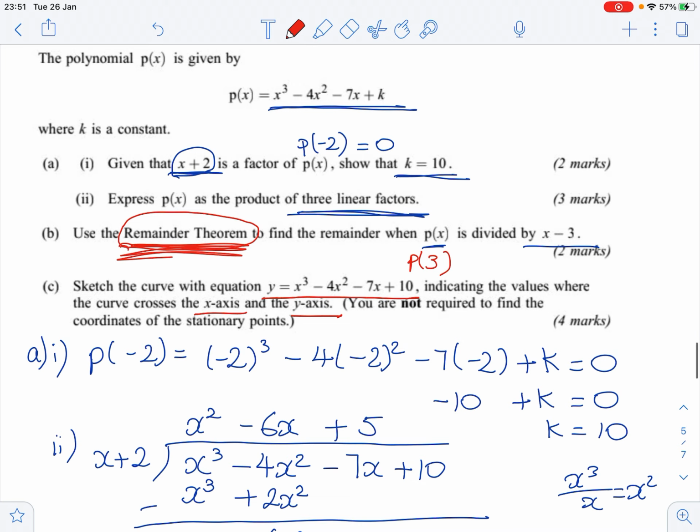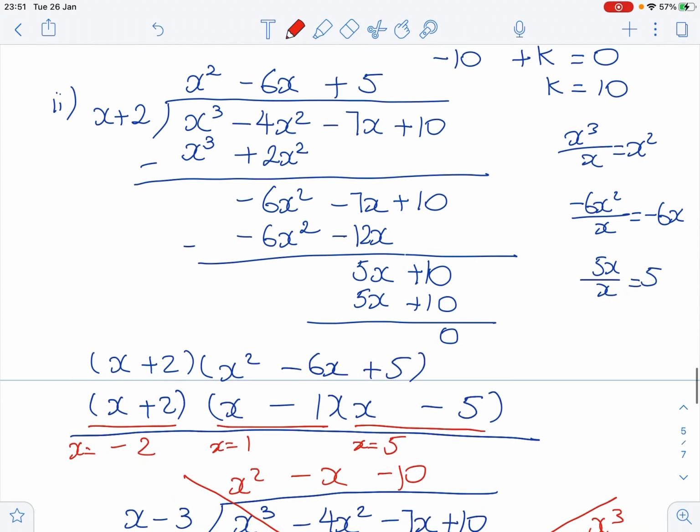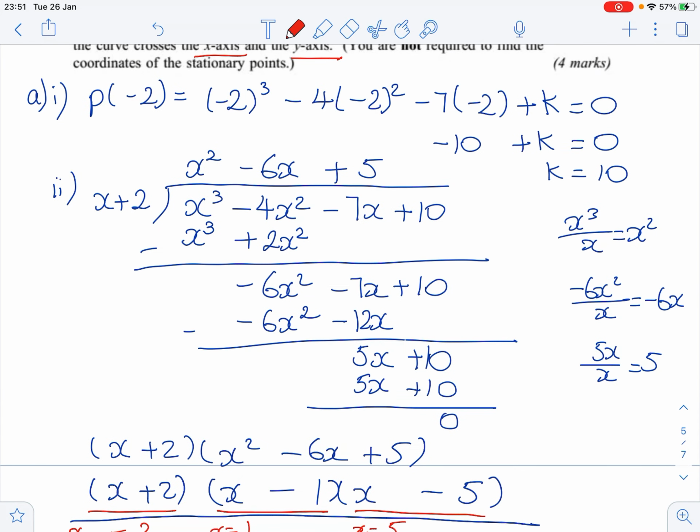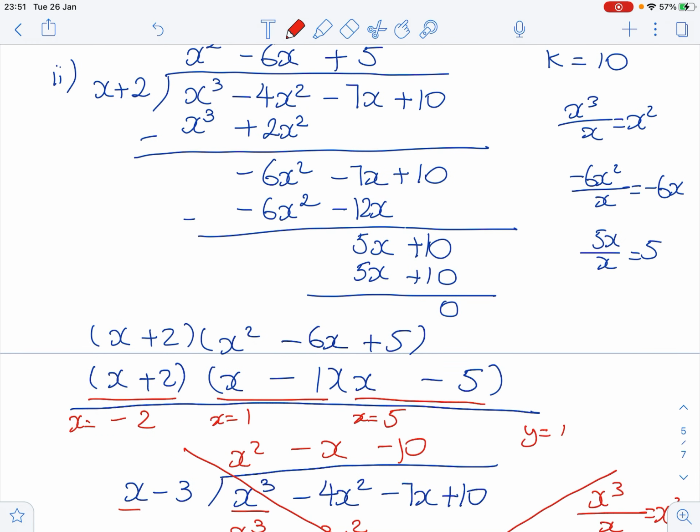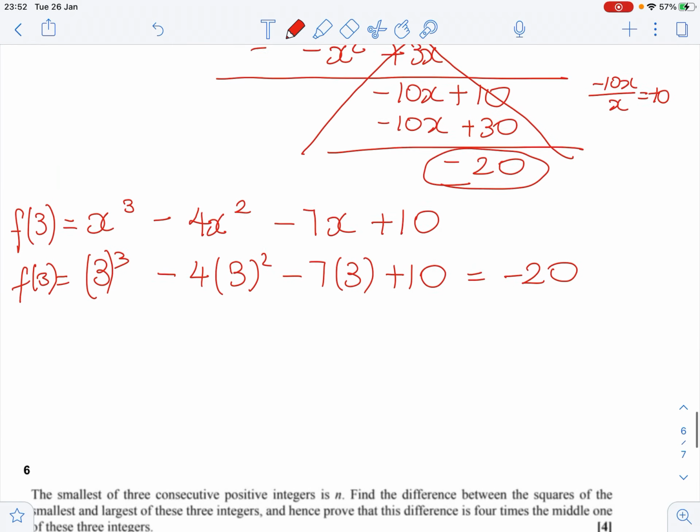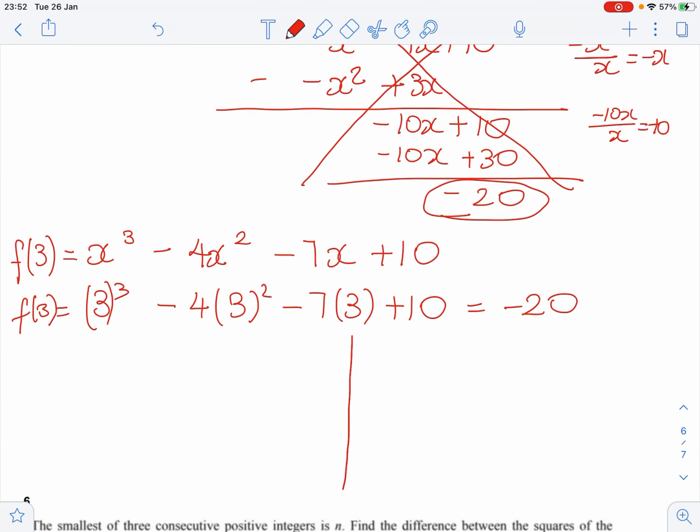And it crosses the y-axis when y is 10. So looking at this equation here, when x equals 0, we know y is equal to 10. So substituting x as 0, you get your y value as 10. So this is the key point on the graph.